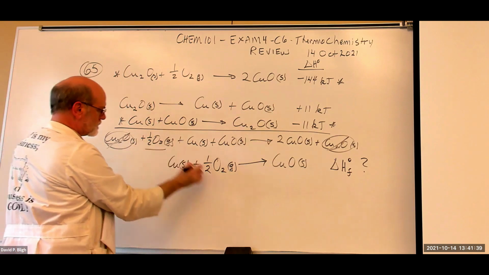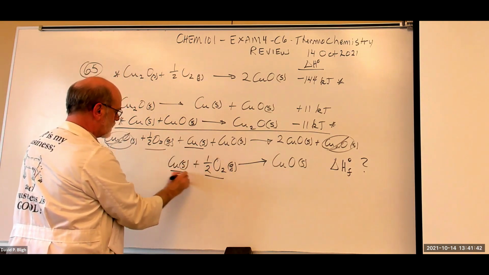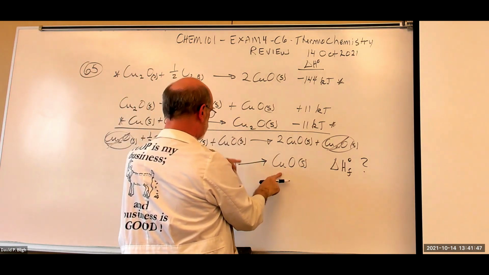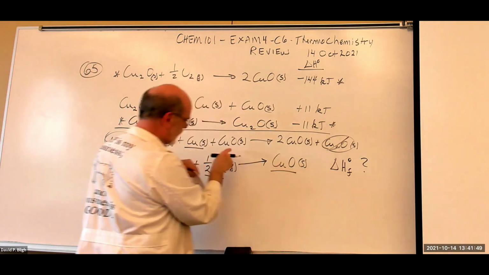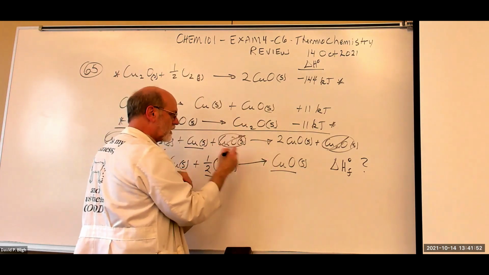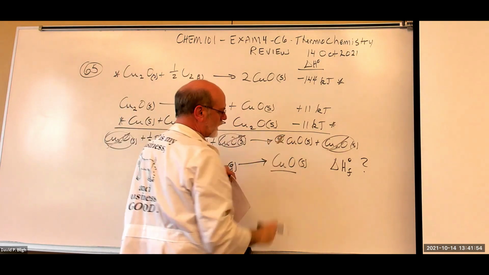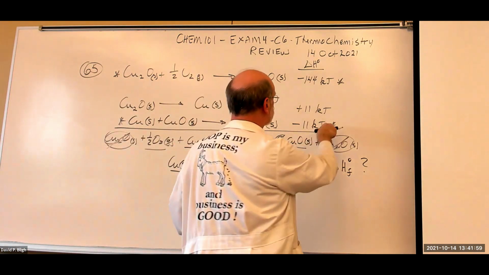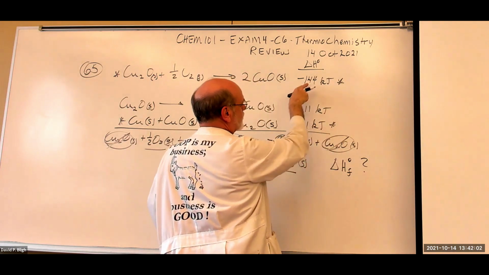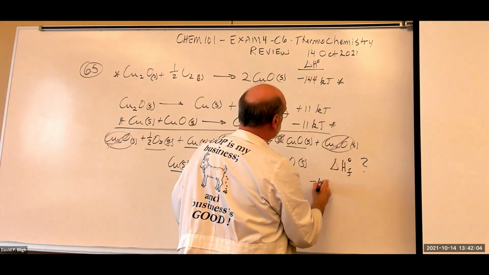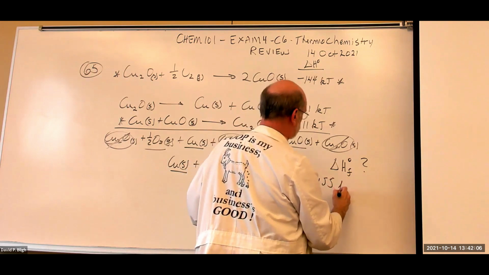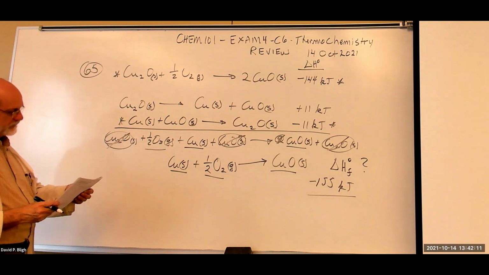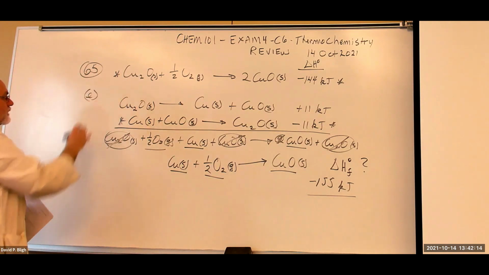Got this one here and here. This one here and here. We've got this one over here. But we've got one on this side and two on that side. So this one's gone, and this one is 1. Okay, we're good. Now we can add these two together. So minus 11 and minus 144 is minus 155. So that's E. E is the answer to this one.